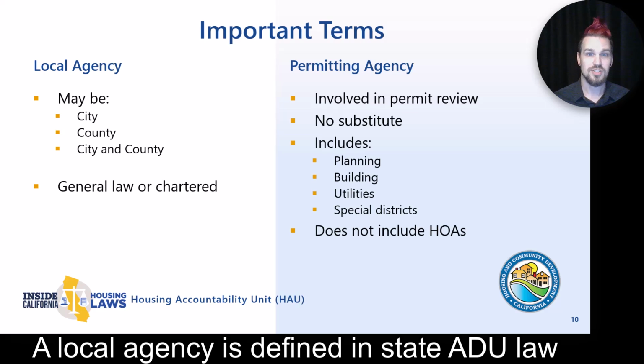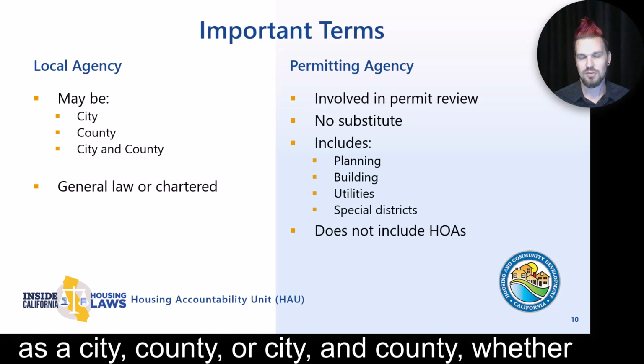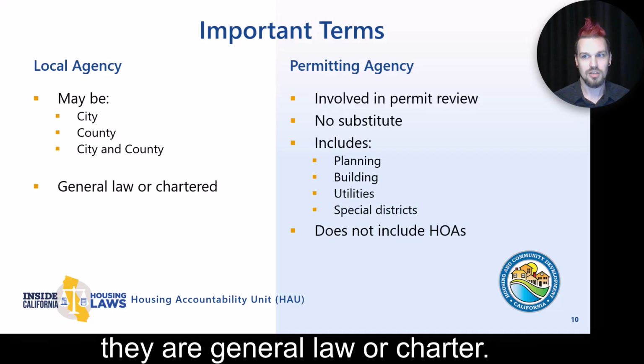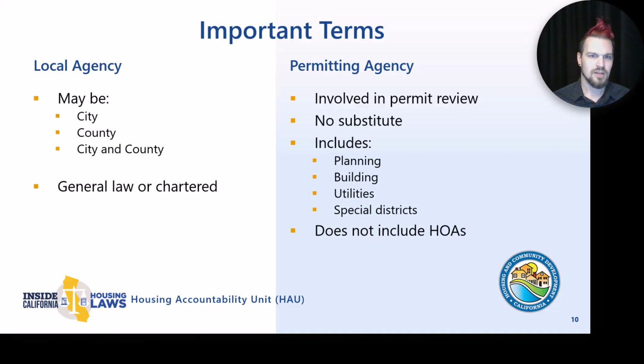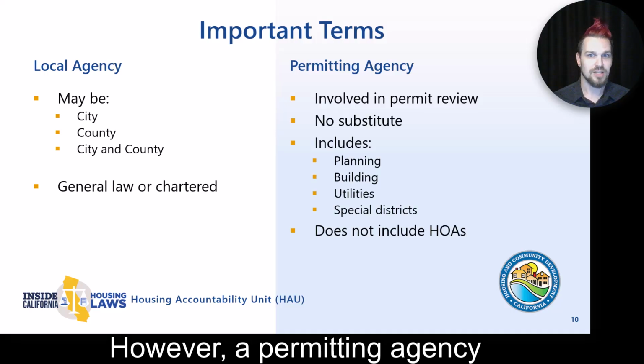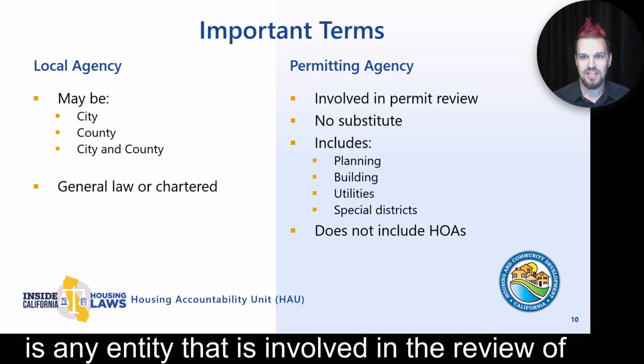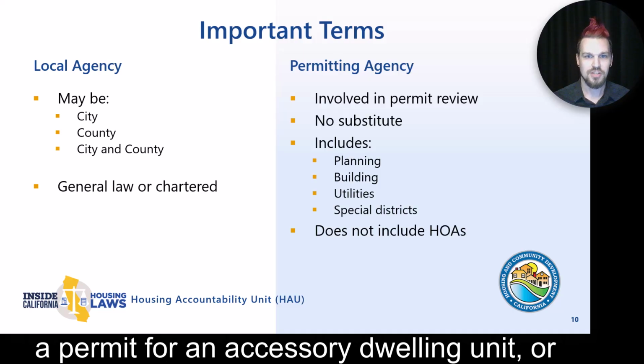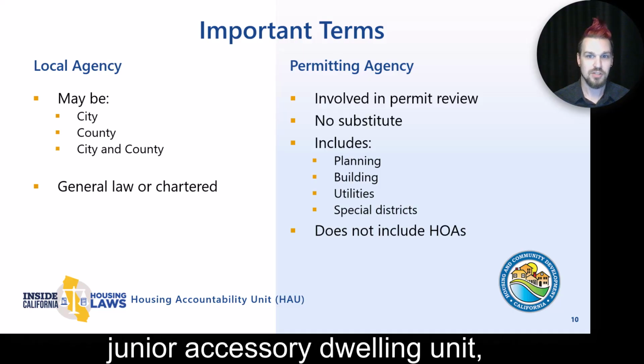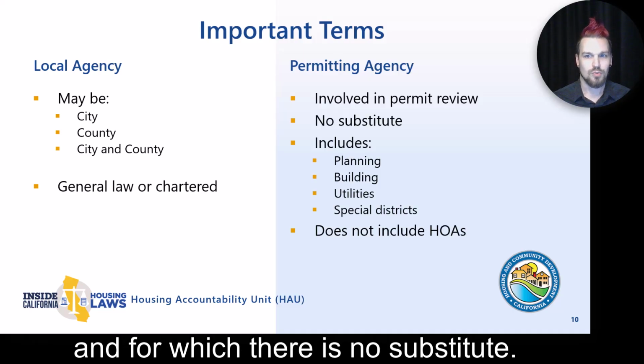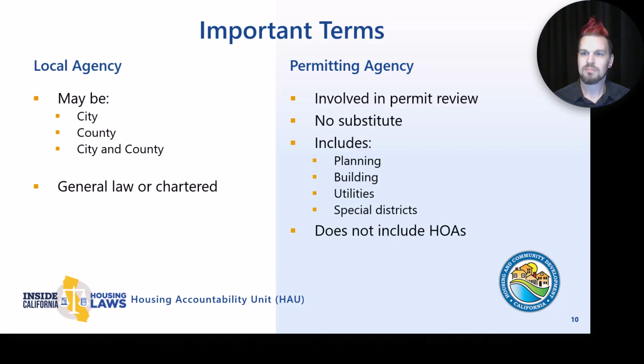A local agency is defined in state ADU law as a city, county, or city and county, whether they are general law or chartered. However, a permitting agency is any entity that is involved in the review of a permit for an accessory dwelling unit or junior accessory dwelling unit, and for which there is no substitute.